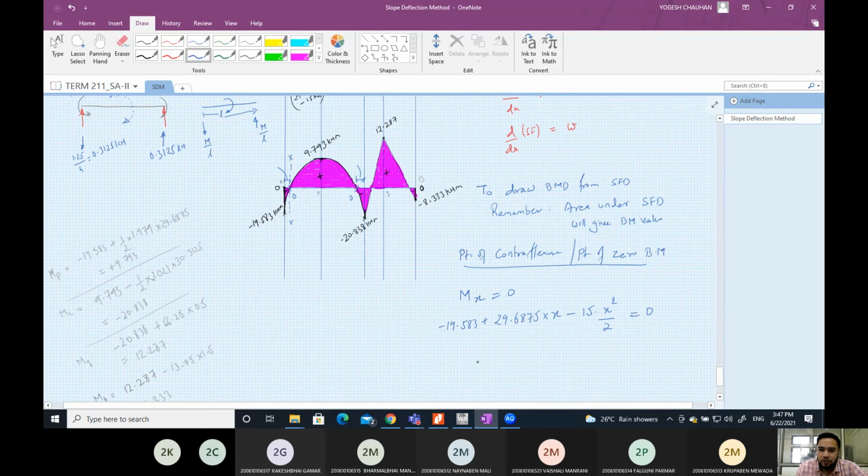Now you can solve this quadratic equation to get the values of x.